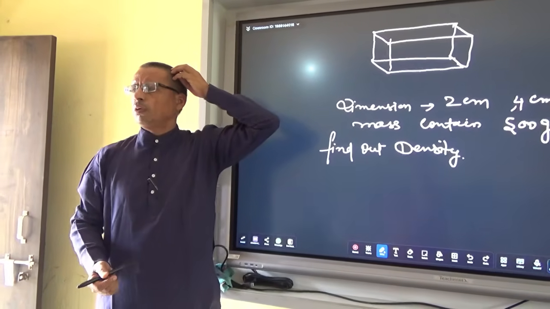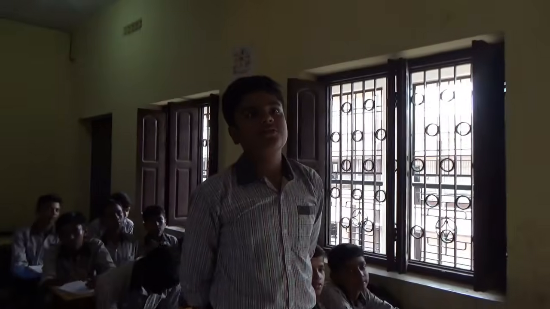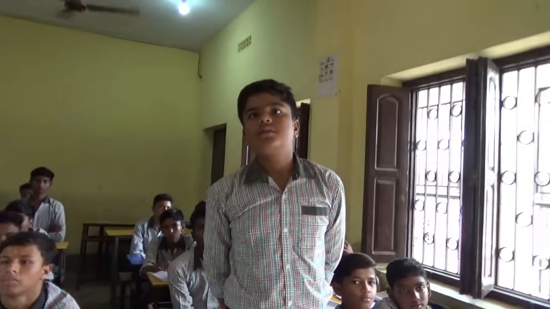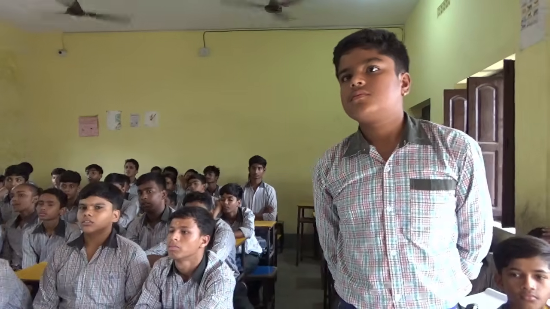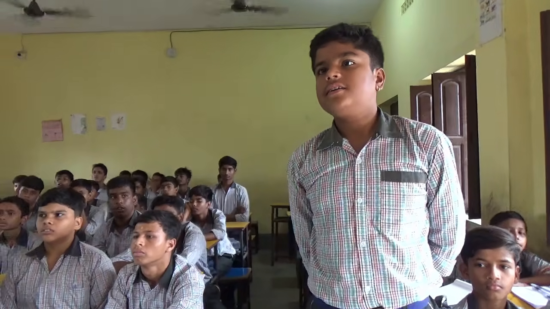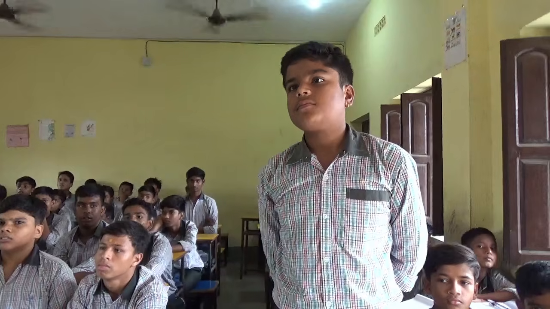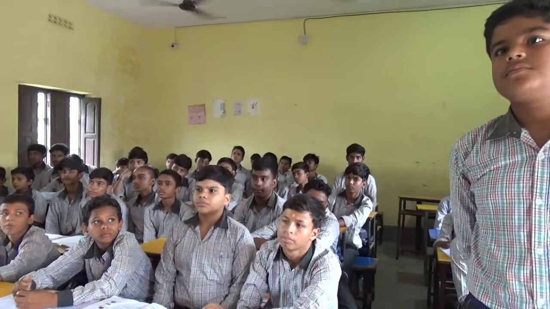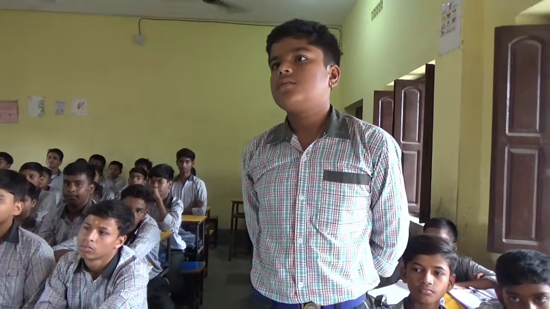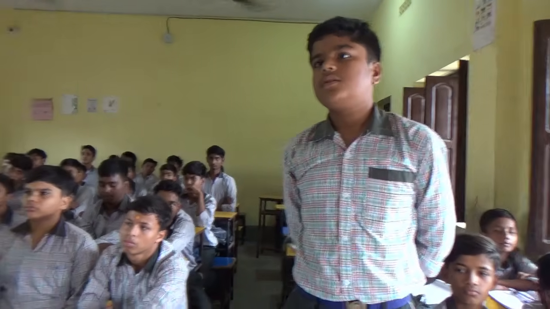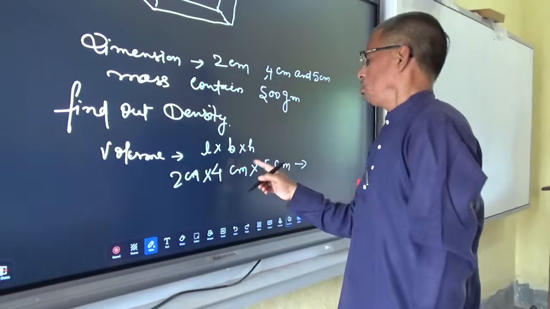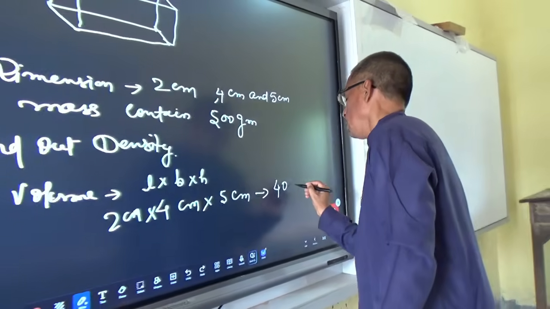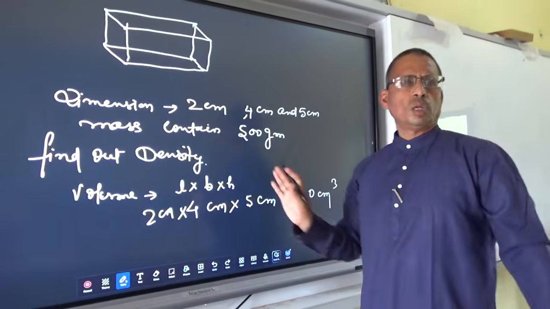Akshar, please stand up. What is the volume of a cuboid? Sir, 40. First write the formula: length times breadth times height. Yes, sir. So 4 centimeters, 2 centimeters, and 5. What do you get? 40 cubic centimeters.